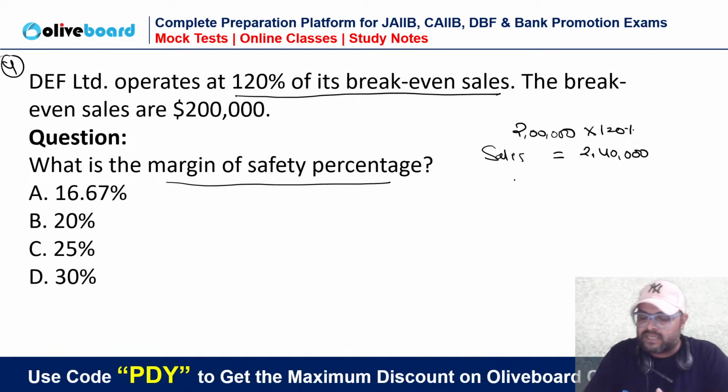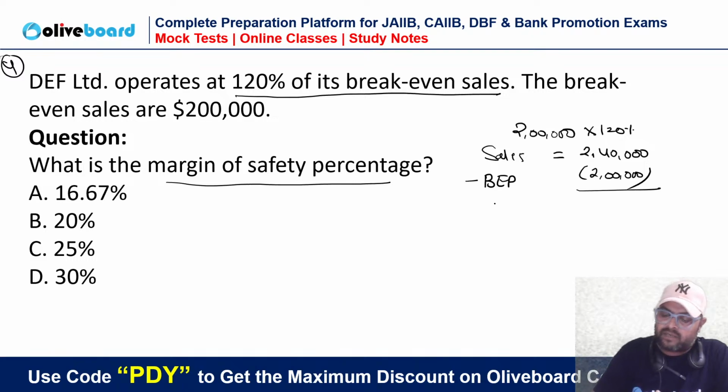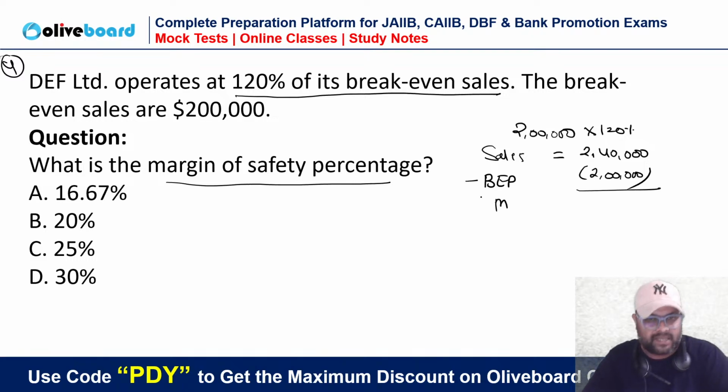Now the question is asking about margin of safety. So if I reduce the break-even point from this, that generates the margin of safety, or I can say that this is the profit. So margin of safety is $40,000.